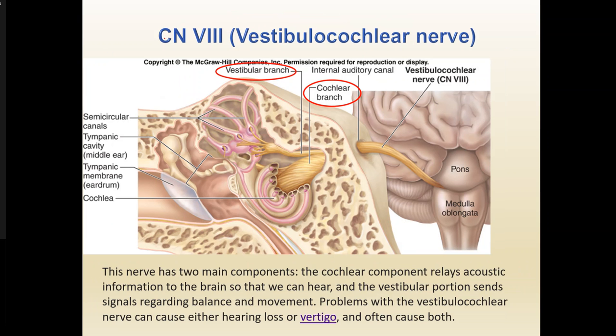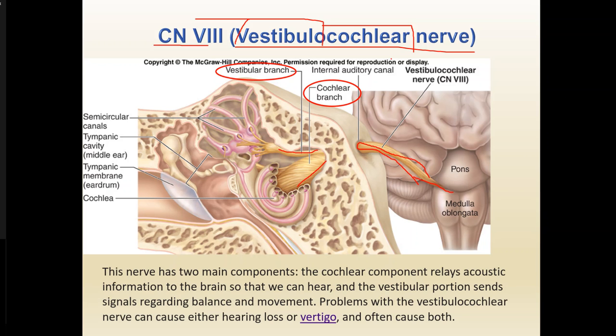Okay, so CN8, which is the vestibulocochlear nerve. Vestibulocochlear, okay, you will understand this terminology a little bit better when we talk about the ear. Showing you how it travels, of course, to the brain from the ear. And it has two branches, actually, the vestibular branch and the cochlear branch.